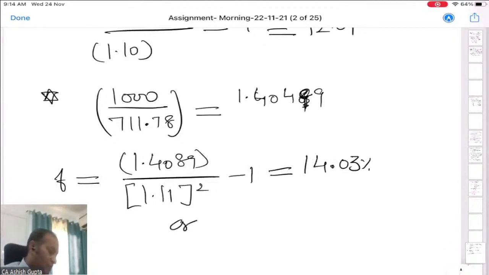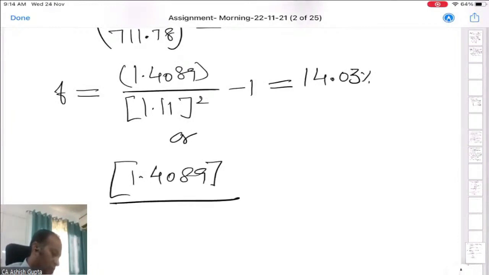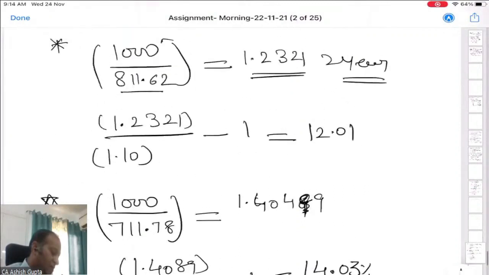Okay, or we can say like that, divided by first year rate, and another rate is this.